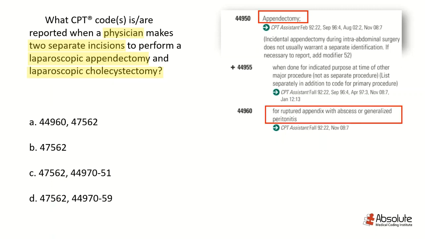This is wrong too, because there was no rupture of an appendix, and this is one of those instances where you want to look at where the code falls. That is for an open procedure; it falls under incision. So it's wrong on that front, and also none of these things are true. So this is an incorrect code.